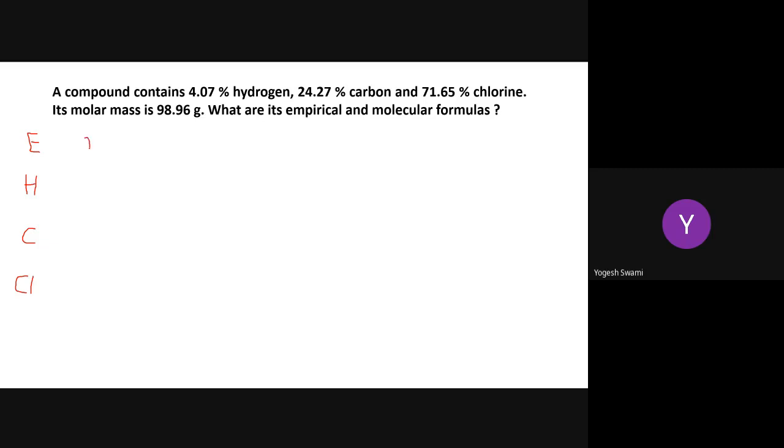Now the mass percentage is given: hydrogen is 4.07, carbon is 24.27, and the chlorine mass is 71.65.